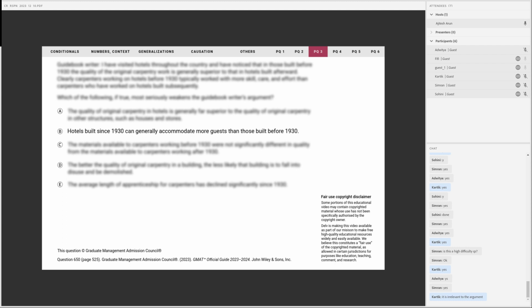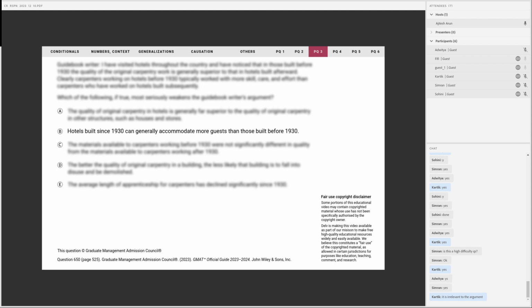So what we'll say is option B. Even if you combine everything in the argument, we have absolutely no reason to believe that the number of guests is somehow related to the quality or the skill, the care, and the effort that the carpenters put in. So just the number of people that a structure is meant to accommodate doesn't on its own tell us anything about the skill, care, and effort of the carpenters who make that structure or who make the original carpentry in that structure. So option B is out.